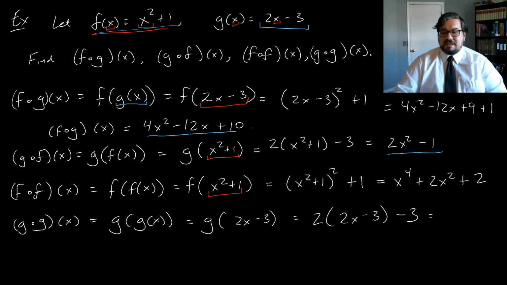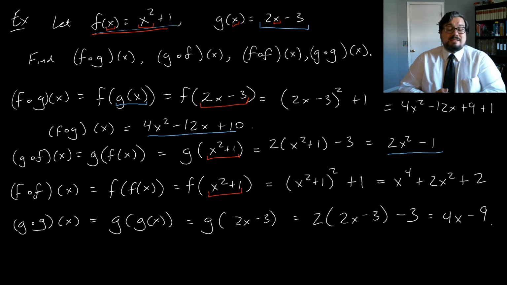And when that's all said and done, we're left with 4x minus 9. So this is the general process for finding the composition of functions as expressions. They pretty much go the same way no matter what you're working with.